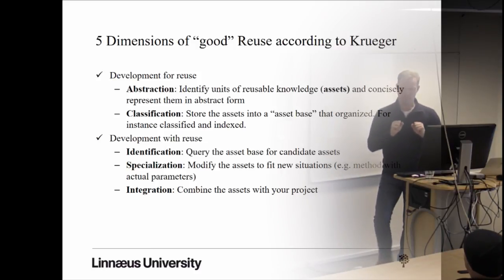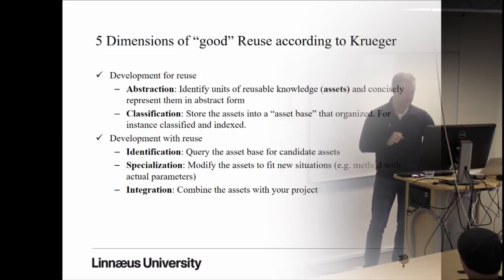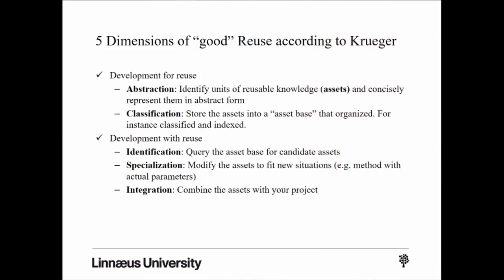You try to come up with very specialized abstractions. And the problem there is, of course, that you will not be able to be useful with your abstraction in too many contexts.